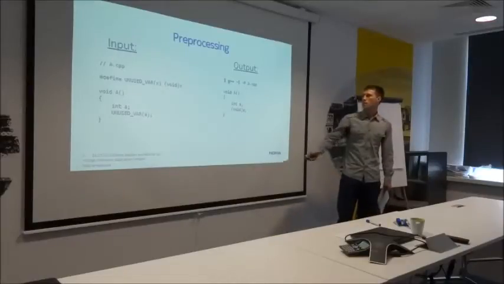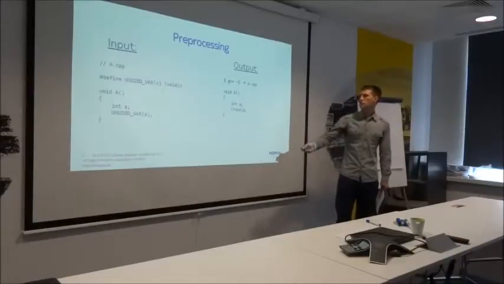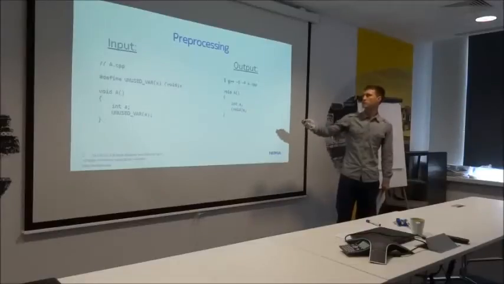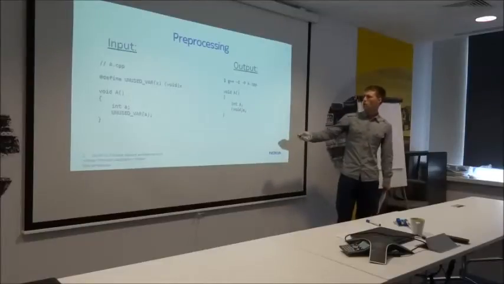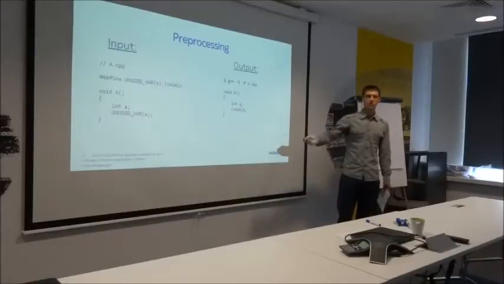You can see the output of the preprocessing stage using this command in G++ or GCC with the -E option. As you can see, in the output we receive these macros already expanded.